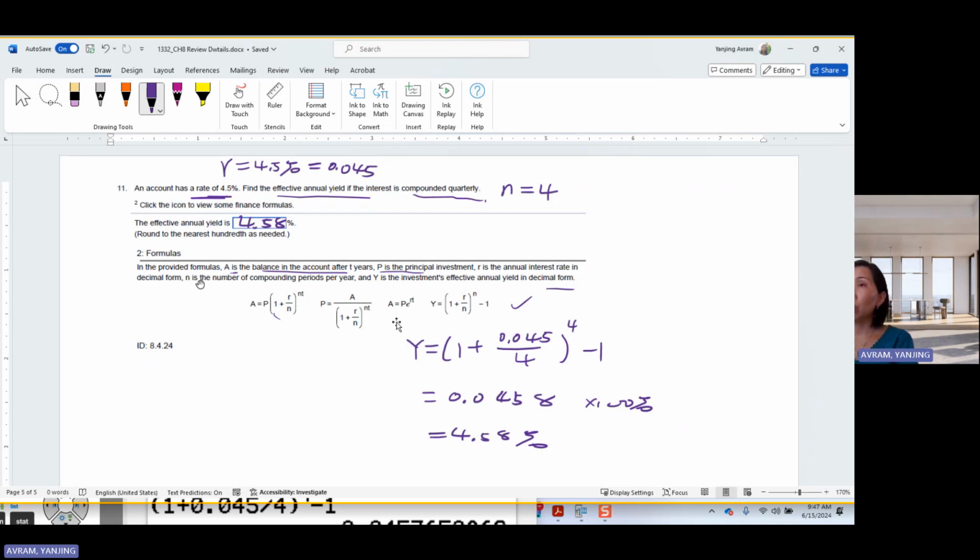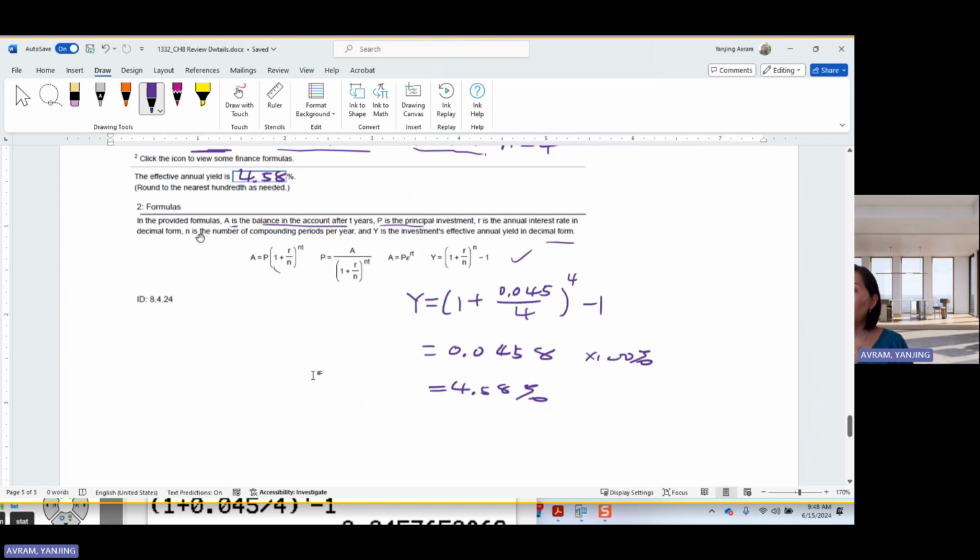We don't know unless we convert it all into annual yield. Converting into annual yield, we'll be able to compare apples to apples and see which one is the better rate. So 4.5% compounded quarterly is equal to 4.58% compounded annually. So that's the effective annual yield. Hopefully this will help.